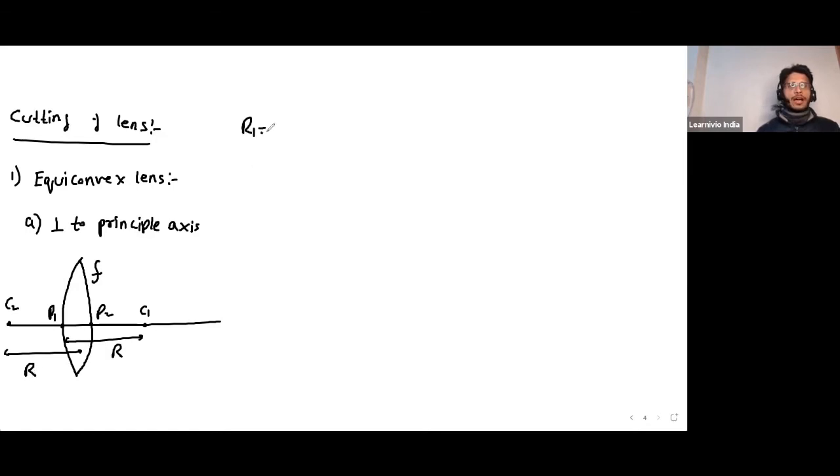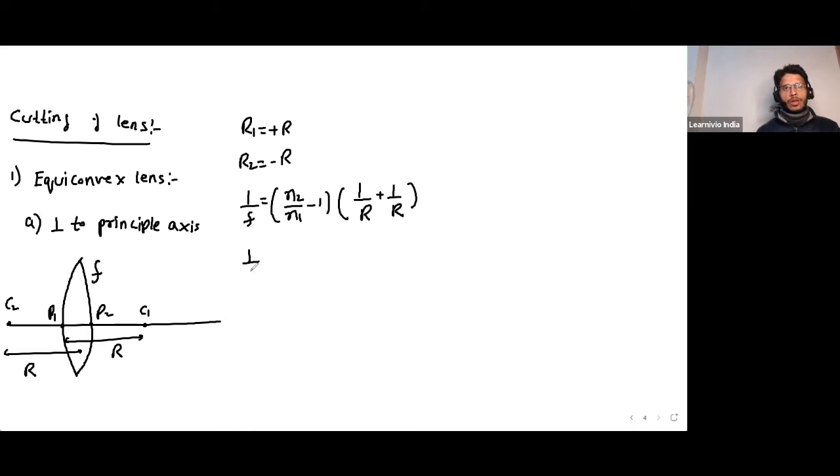So you can say that your R1 is equal to plus R, while your R2 is minus R. So in the lens maker formula, if I substitute these values, then 1 by F comes out to be N2 by N1 minus 1 into 1 by R plus 1 by R. So your focal length 1 by F is N2 by N1 minus 1 into 2 by R. That's my first equation.